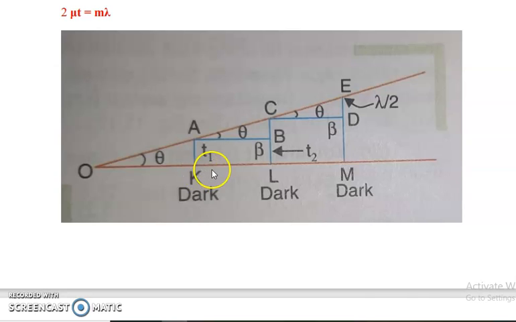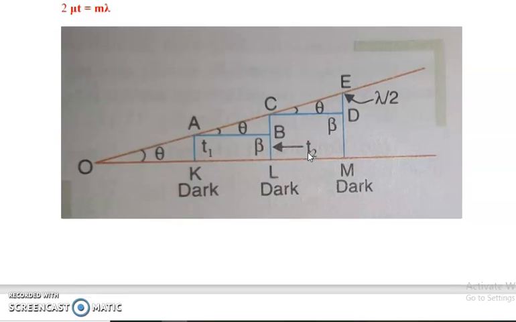Now the very next dark band after point K is obtained at the point L, and the air film thickness at point L is CL, which let us consider as T2.